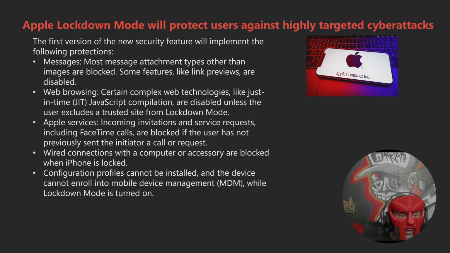For Apple services, incoming invitations and service requests, including FaceTime calls, are blocked if the user has not previously sent the initiator a call or request. Wired connections with a computer or accessory are blocked when iPhone is locked. Configuration profiles cannot be installed, and the device cannot enroll into mobile device management while Lockdown Mode is turned on.